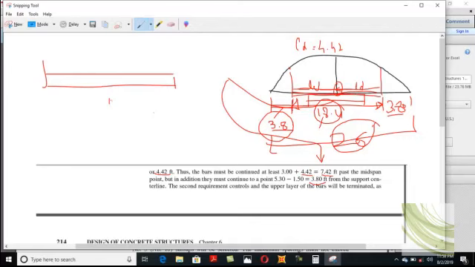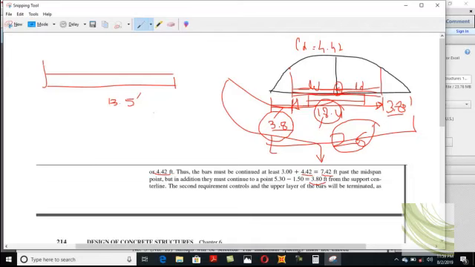That is 13.5 feet. Okay. Now, that is 13.5 feet. Okay.